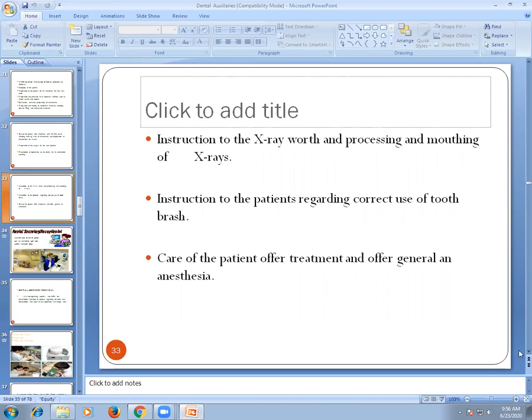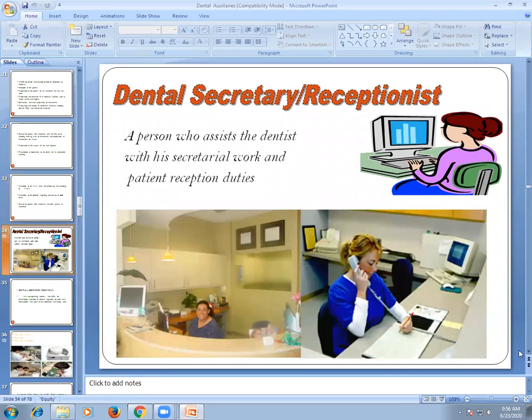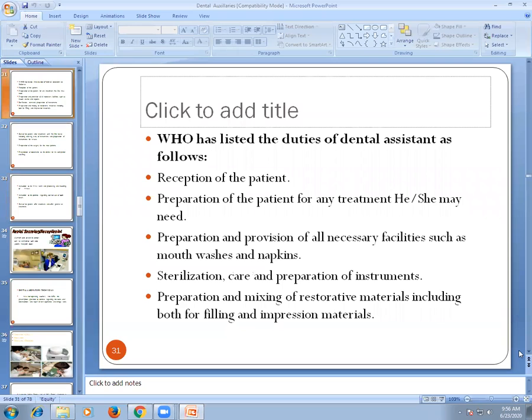Instruction to patients regarding the correct use of the toothbrush. Care of the patient, and assistance with general anesthesia. All these are the functions of dental surgery assistants.